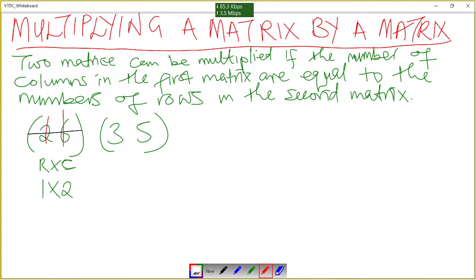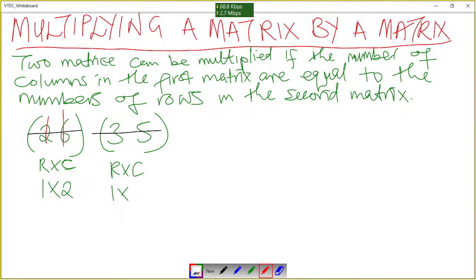Now let's look at this one as well. We know that to write the order of a matrix, we write R by C, which is rows by columns. How many rows does this matrix have? This matrix has got 1 row, so we say 1 by, then how many columns?